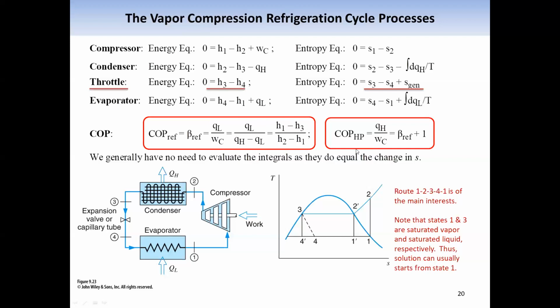And the COP for the entire heat pump is QH divided by the work done on the fluid. We can use similar calculation to estimate COP for the heat pump. However, we can also use this relation: COP for the heat pump equals beta for the refrigeration cycle plus 1.